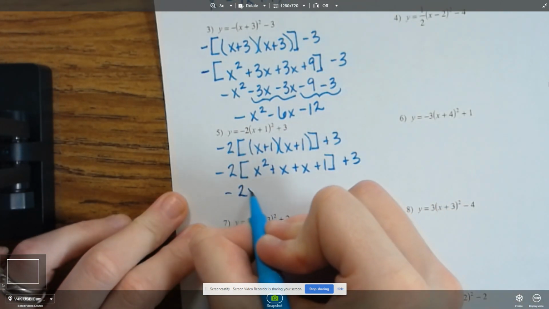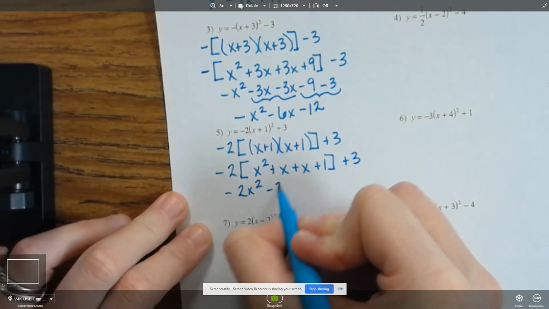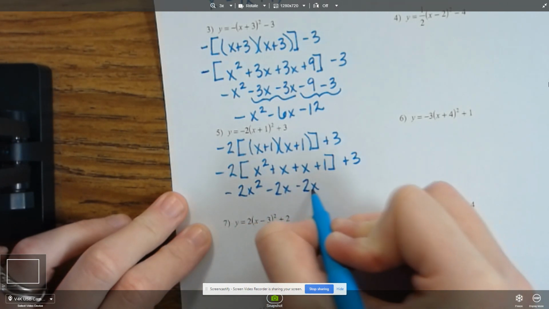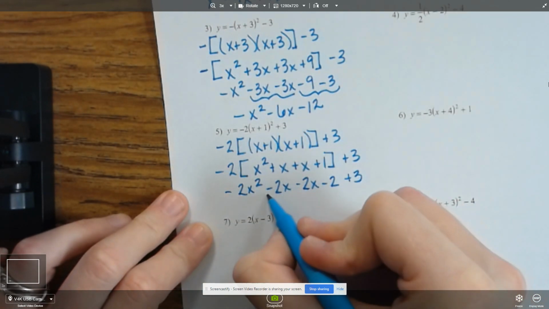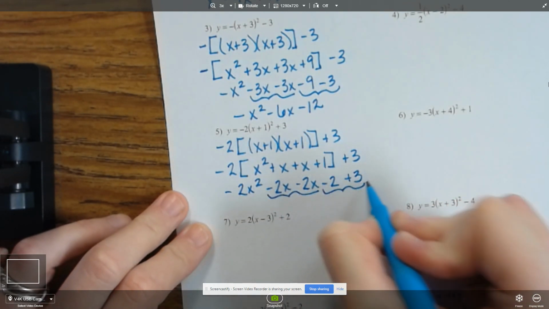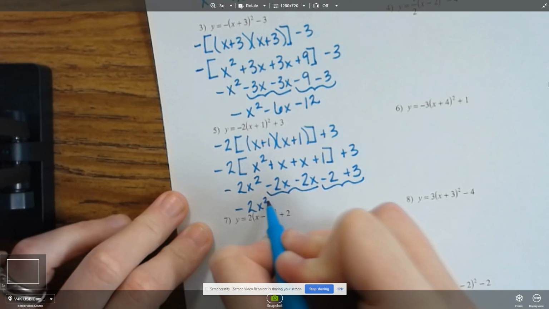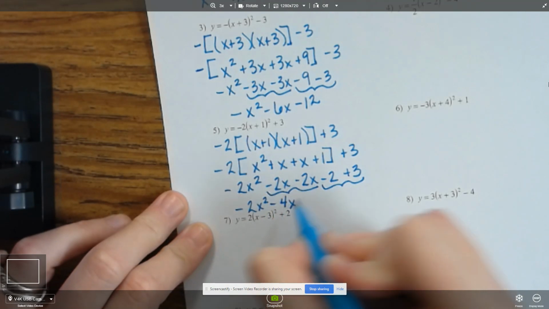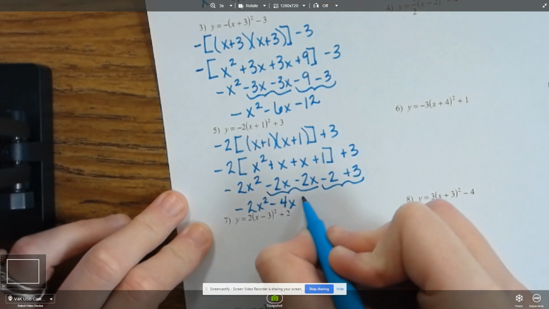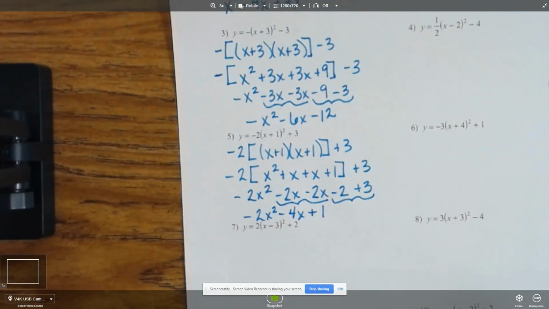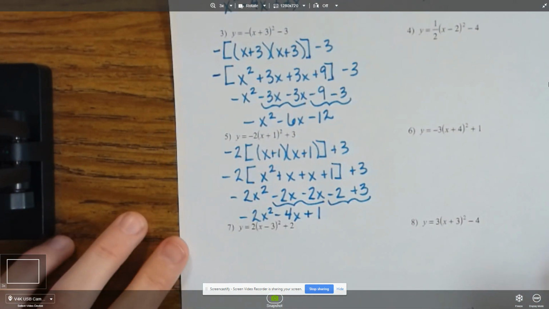So I would have a negative 2x squared, and then a negative 2x, a negative 2x, and a negative 2. And then just tack the plus 3, and then combine like terms. So negative 2x squared minus 4x, and then negative 2 plus 3 would give me a positive 1. And so that's it for this video.